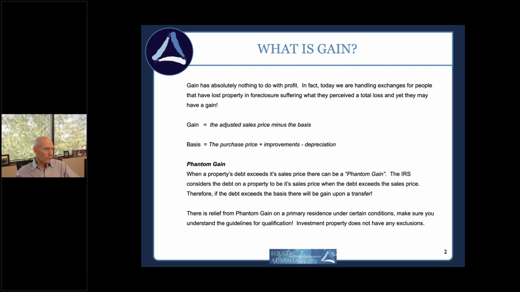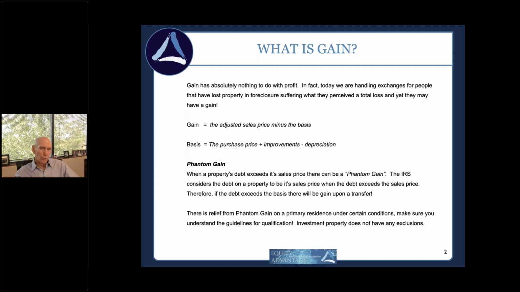And unfortunately, I had a few people recently where they're looking at a situation where they didn't take it, and if they didn't do an exchange, they were going to get clobbered with that depreciation recapture. So it's really important that you're working with people who are going to take care of you, not just to get that depreciation, but to make sure you're taking the depreciation that you're entitled to, because it ultimately is going to impact your return on investment dramatically, and your tax consequence upon disposition.